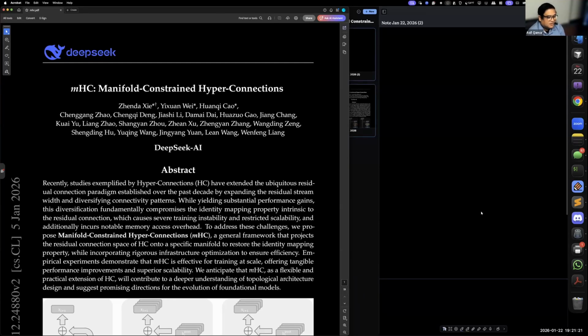They also show that all the pathologies of the prior efforts are gone. But more importantly, what they show is that the compute cost doesn't go up, the memory cost doesn't go up significantly. It goes up by a factor of just 6 or 7%, which from a breakthrough perspective is nothing.